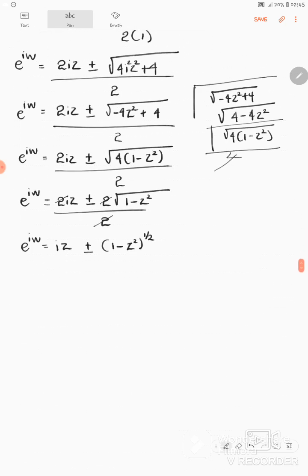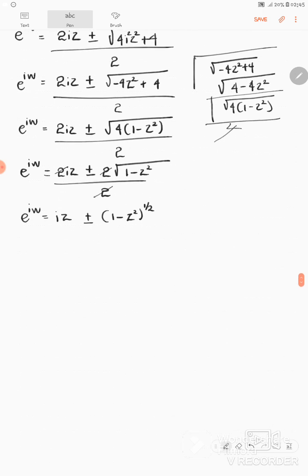That's it. Now we have entered the main part. Having e to the power iw equals iz plus or minus open bracket 1 minus z squared close bracket raised to power 1 over 2. Now let's bring things down.